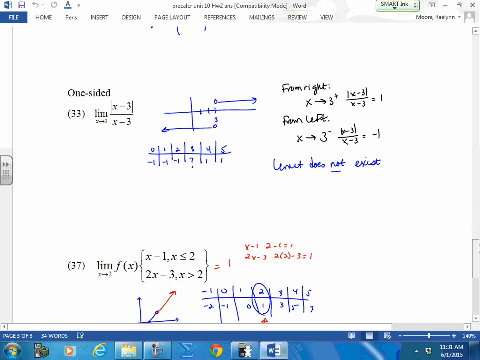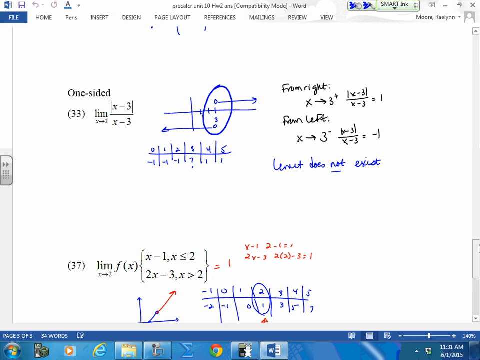Now this one, solve this graphically. There's nothing to eliminate here. So as x approaches 3, I have a problem. 3 is not going to work. But I can't algebraically eliminate anything. So I go to my graph, and I notice this is why I can't eliminate anything. They don't come to the same point. This is a jump discontinuity.